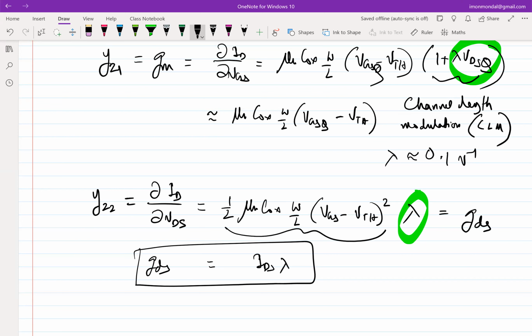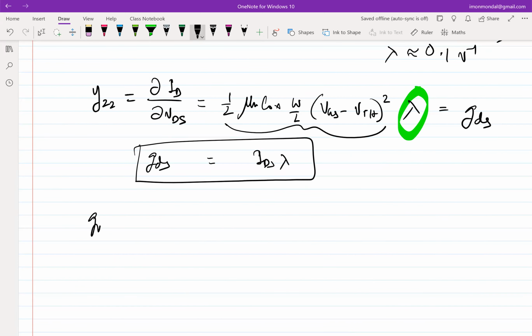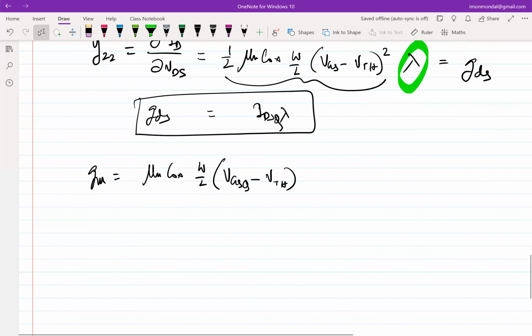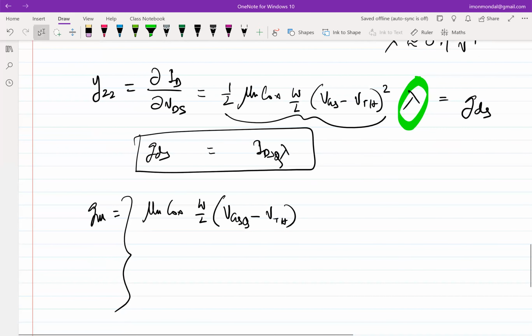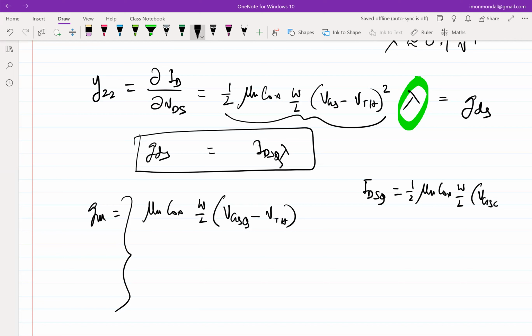Similarly, in case of GM, we say that this is equal to mu n C ox W over L times VGSQ minus threshold voltage. This can also be expressed as, if I essentially replace the value of VGSQ from the current equation, right? So I know that IDSQ is half mu n C ox W over L times VGSQ minus threshold voltage squared.